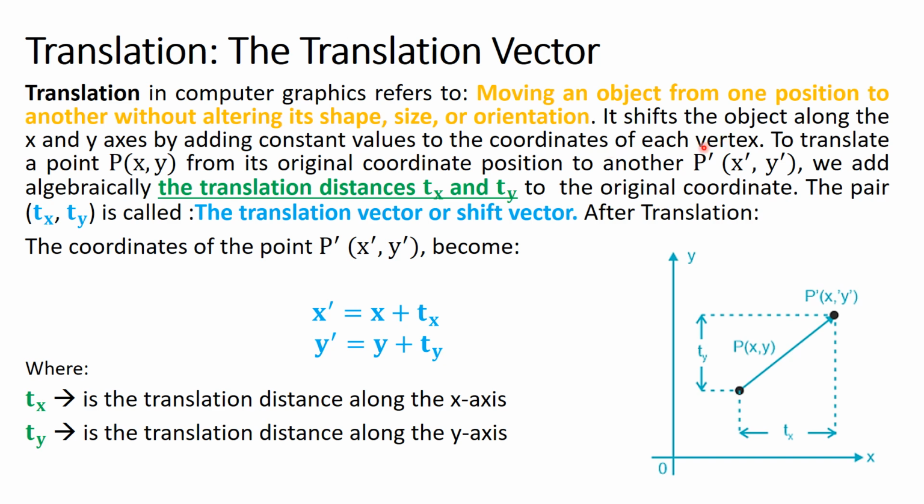To translate a point P of x and y from its original coordinate position to another P dash of x dash and y dash, we add algebraically the translation distances dx and dy to the original coordinate.